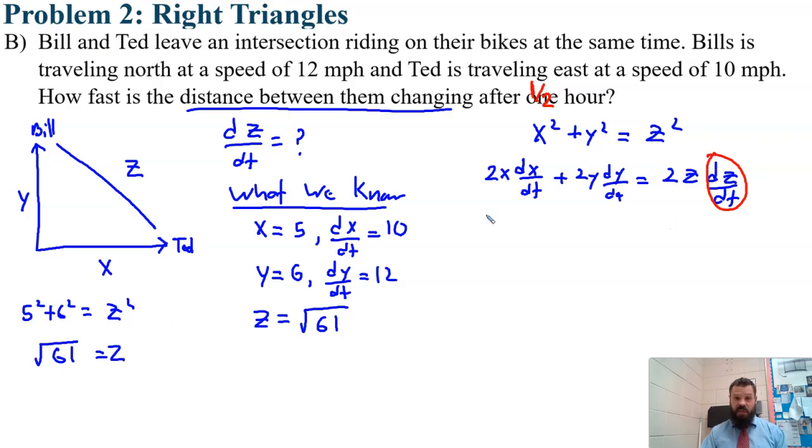We can just plug everything in. So we've got 2 times the x, 5, times the dx over dt, which is 10, plus 2 times the y, 6, times the dy over dt, the 12, is equal to 2 times the z, which is that root 61 we found, dz over dt.